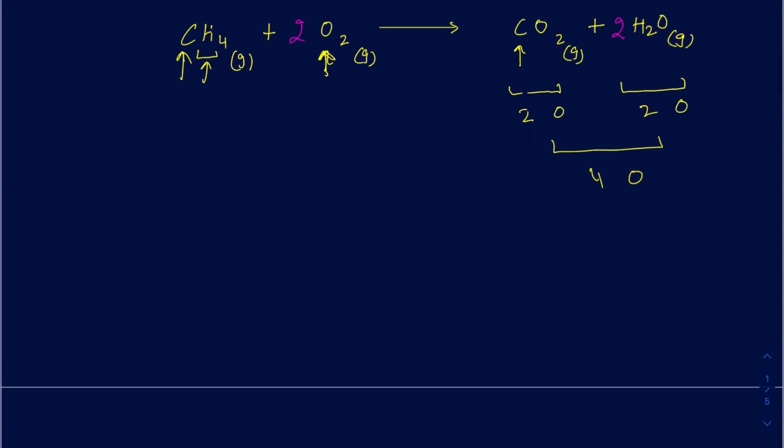Okay, let's take another example that's going to be maybe a little bit more complicated. Suppose I have C8H18, that's the active ingredient in gasoline, that's octane. When it's burned in the presence of oxygen, it obviously makes carbon dioxide and water. Okay, now let's try to balance this equation.